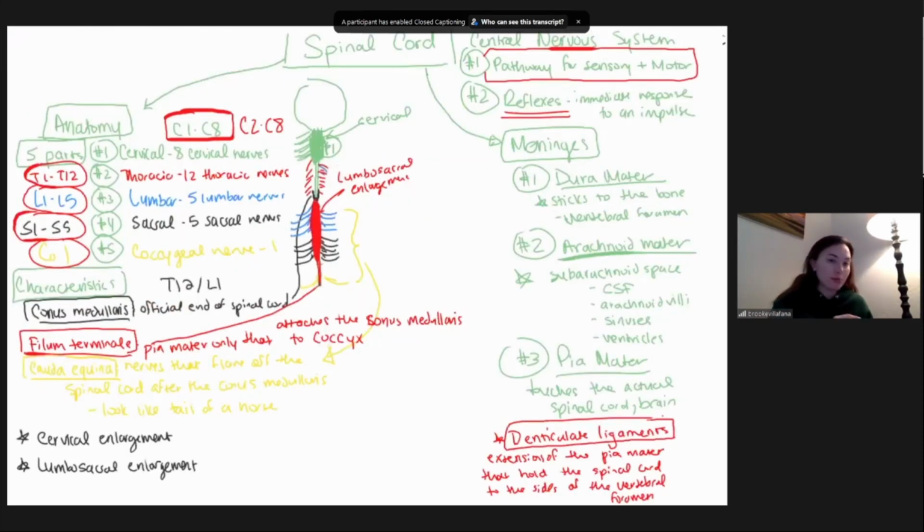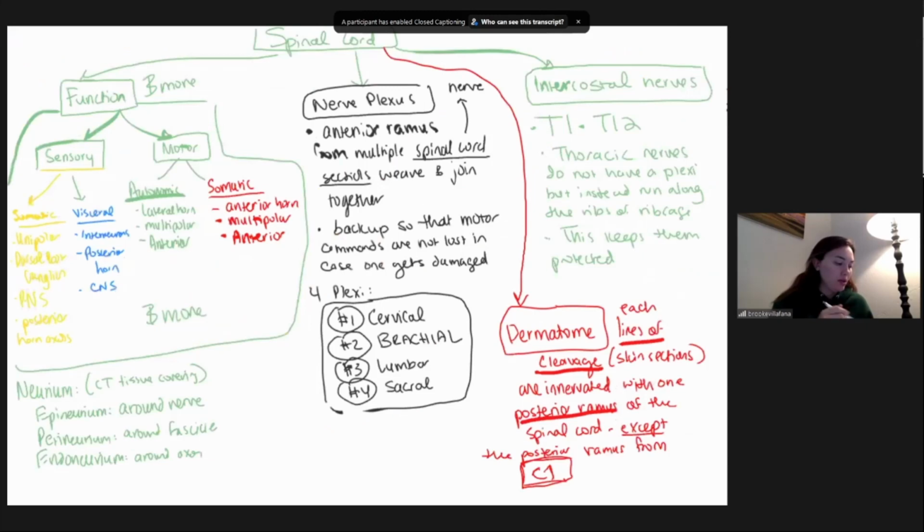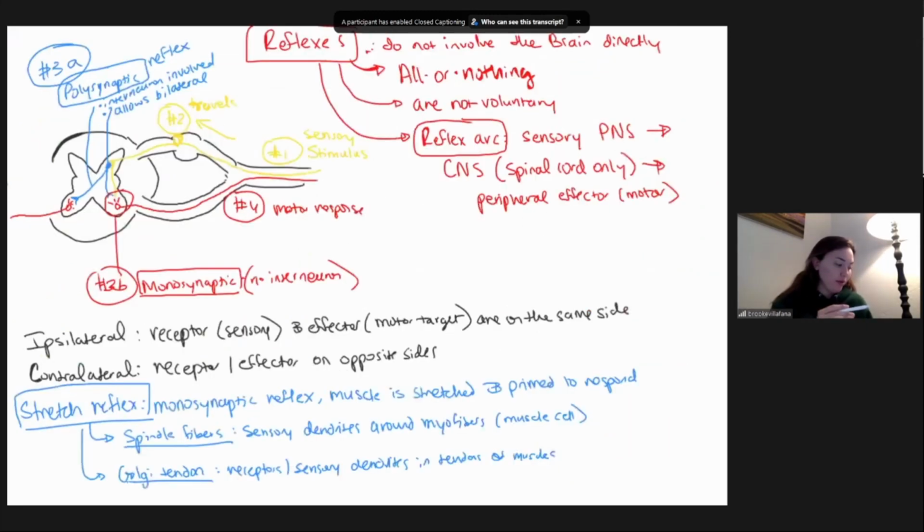Here is the first page, spinal cord. Here was this page where we talked kind of about everything on one. We talked kind of about some additional terms. We covered reflexes, which is pretty simple, just immediately inside the spinal cord.